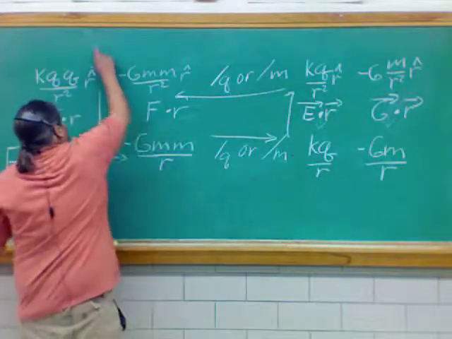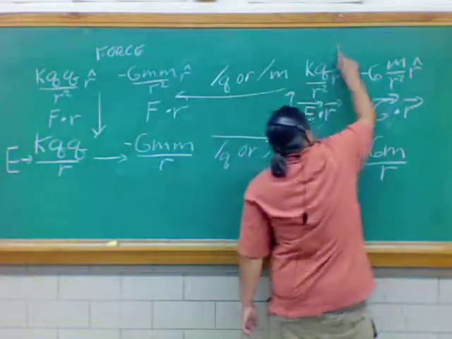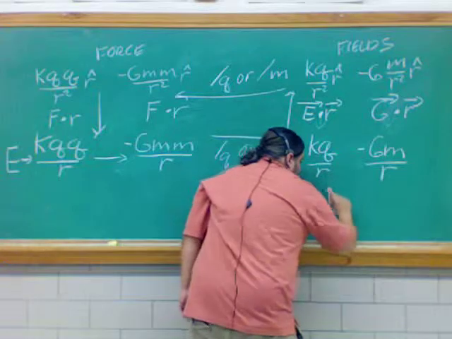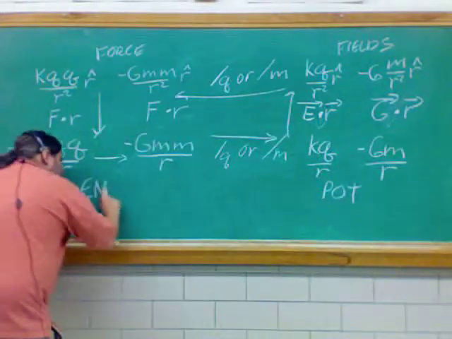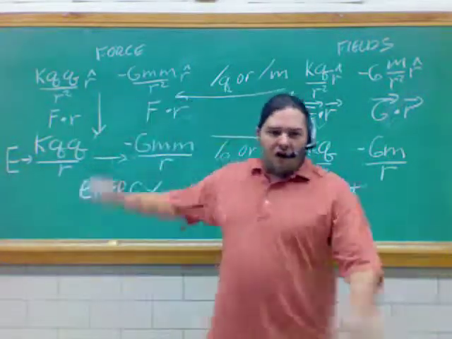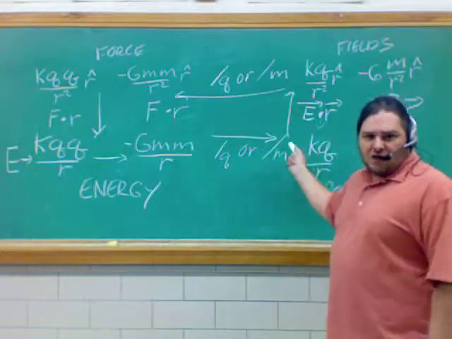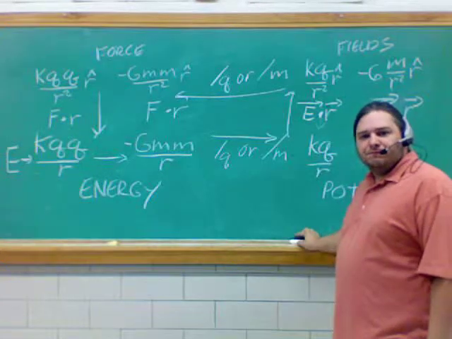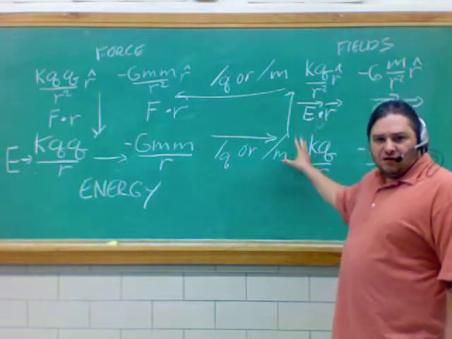So I've got force, I've got fields, I've got potential, and I've got energy. Okay? So they're all related to each other. They all move around and interact with each other. It's really kind of interesting how that ends up. Cool? So that is potential, fields, and energy.